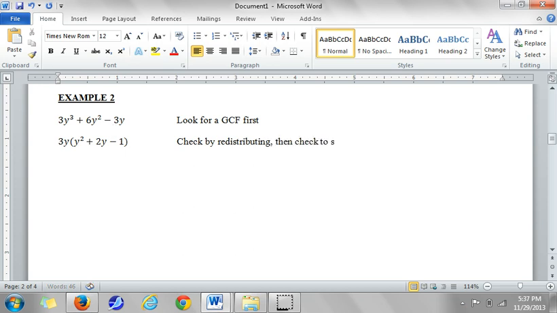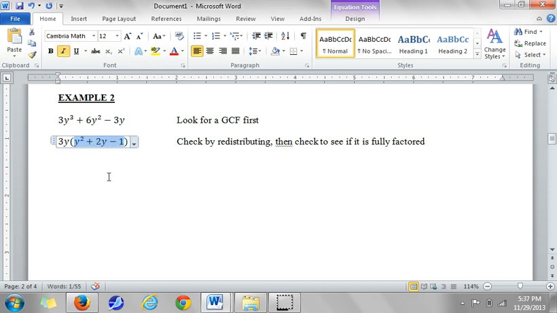Then check to see if it is fully factored. And in this case, we want to take a look at this part of the polynomial and see if there's any values that would add to 2 but multiply to negative 1.